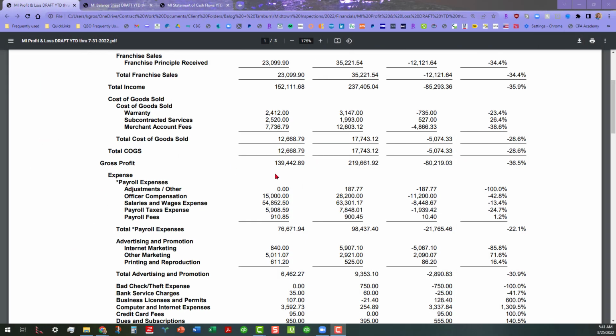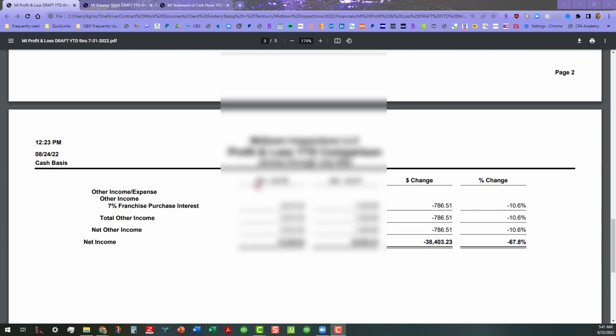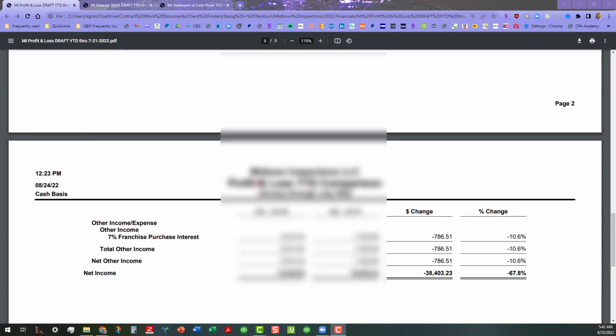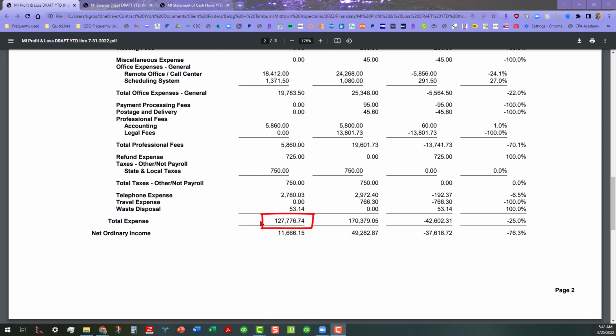So going back to the top here and just going off the fact that our gross profit was $139,442 down to our net income figure of $18,280.60. Let's go back up to where we see our total expenses. Our total expenses were almost $130,000.